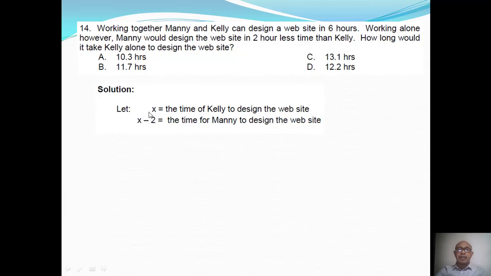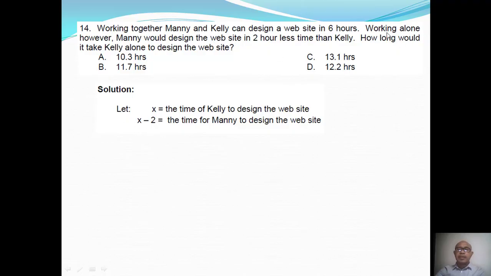So take note that the rate of work for Manny is 1 over x minus 2. Again, if we recall, rate is 1 over the time to do the job. So for Kelly, the rate is 1 over x, and for Manny, the rate is 1 over x minus 2.